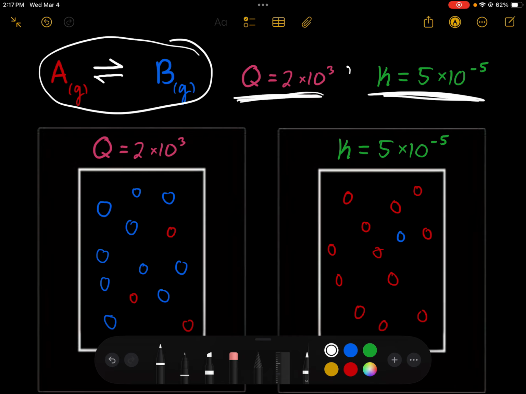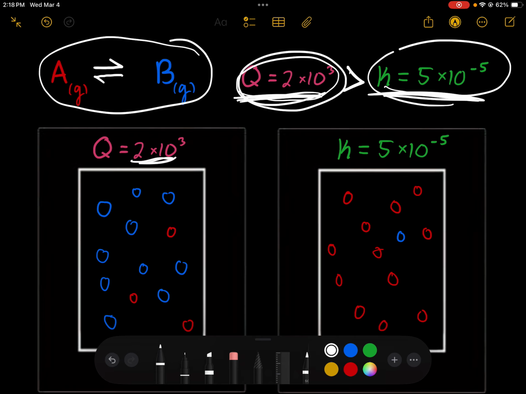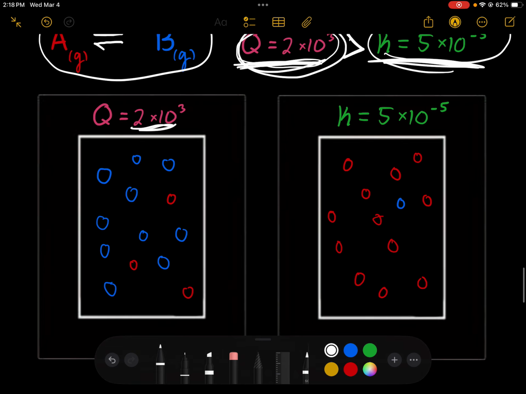So we're seeing that Q is greater than K at this point. That means that at whatever time Q was measured, we currently have a lot of products. How do I know that? Because Q is a big number. That number means we have a lot of products. But at equilibrium, where this reaction is moving, K is small, which means that at equilibrium, we do not have a lot of products and we have mostly reactants.